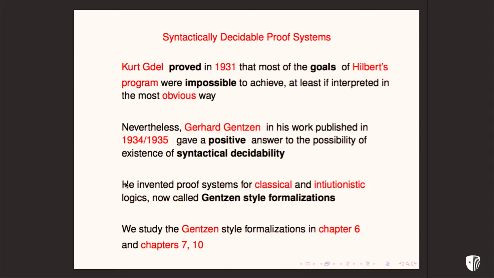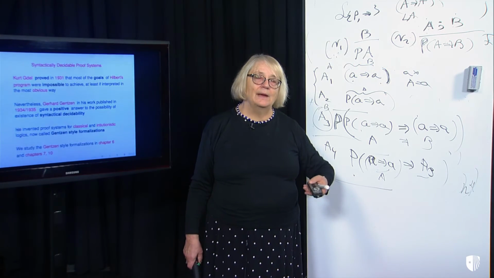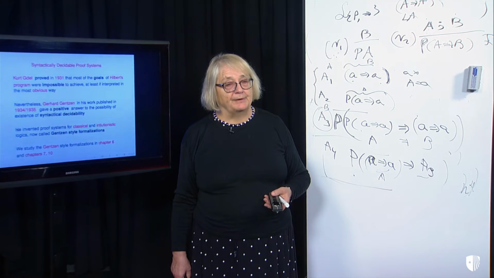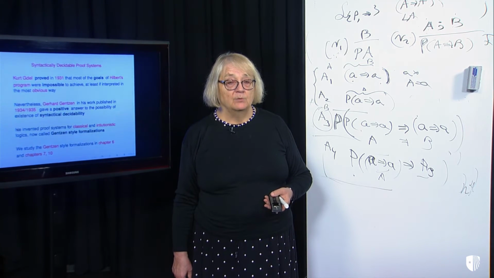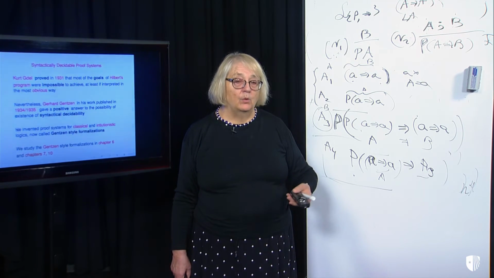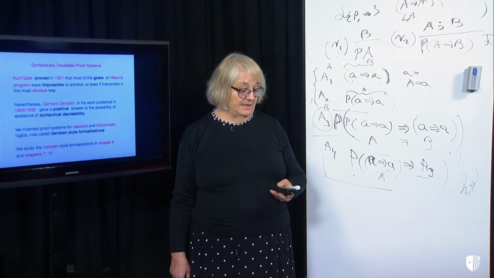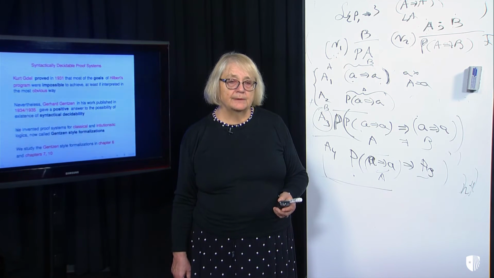He invented the proof systems for classical and intuitionistic logic, which are called Gentzen type formalizations, and proved syntactical decidability, as we define it now in modern language, for the propositional part of both logics. We will study the whole Gentzen type formalization in chapters 6, 7, and 10. This is a very important part.